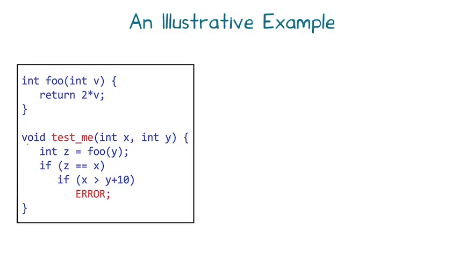TestMe operates as follows. It sets the integer z equal to foo of y. Then, if z equals x, it makes an additional check if x is greater than y plus 10. If this second check passes, then the program throws an error. If either of these checks fail, then the program terminates without error.